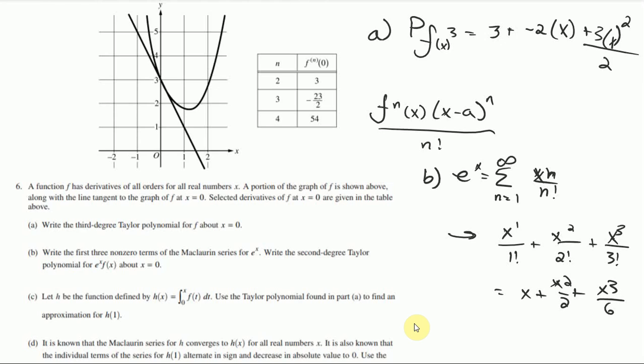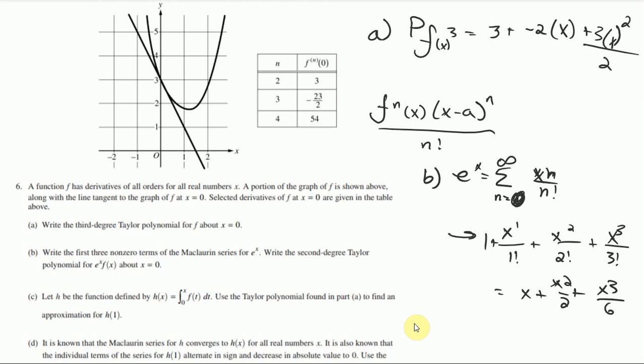Now also write the second degree Taylor polynomial for e to the x times f of x about x equals 0. We're just doing some quick multiplication. Actually, wait, this is n equals 0, not n equals 1, so I forgot the 1 plus there.